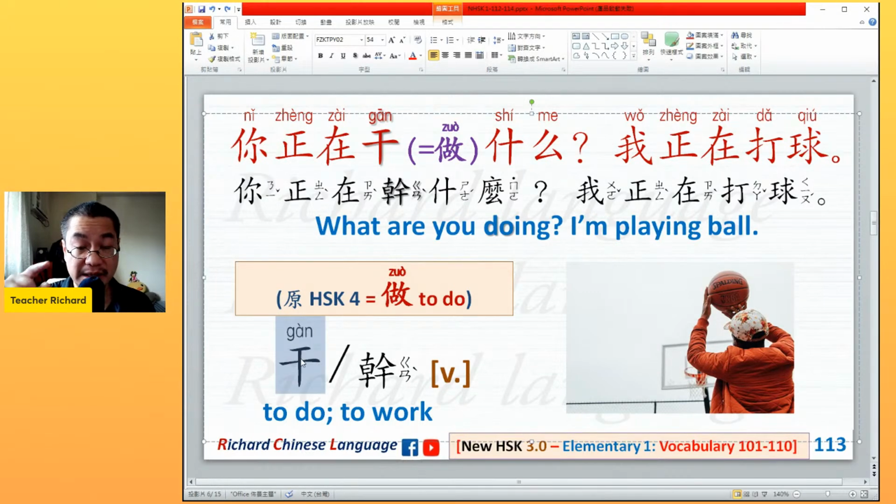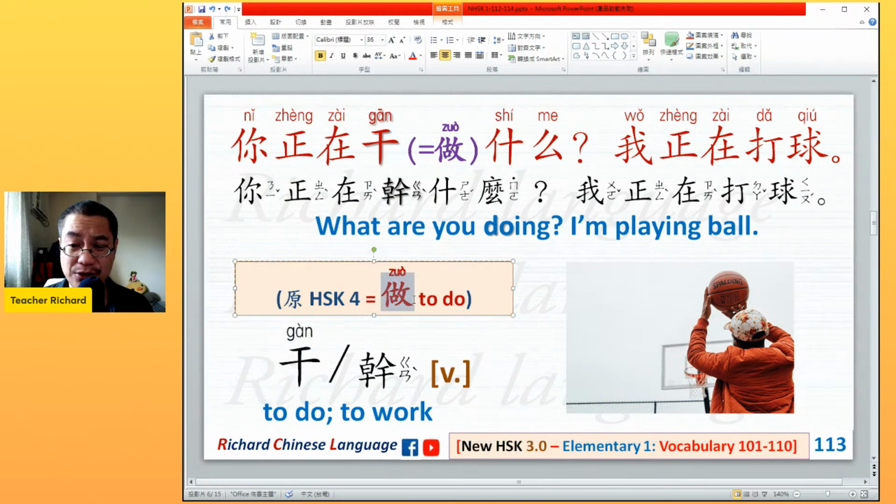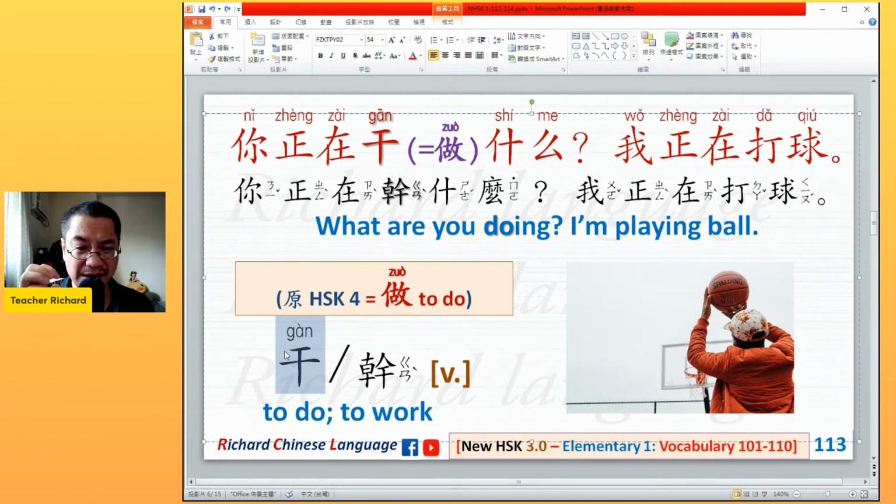We pronounce it like 干, in the fourth tone, 干, which means to do or to work. Actually 干 is like 做 in Chinese. And I believe 干 sounds more like a dialect in Chinese, but it's quite commonly used.